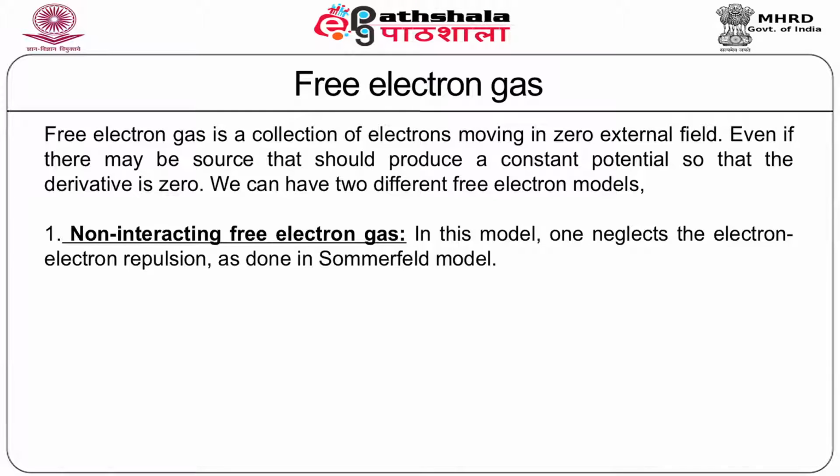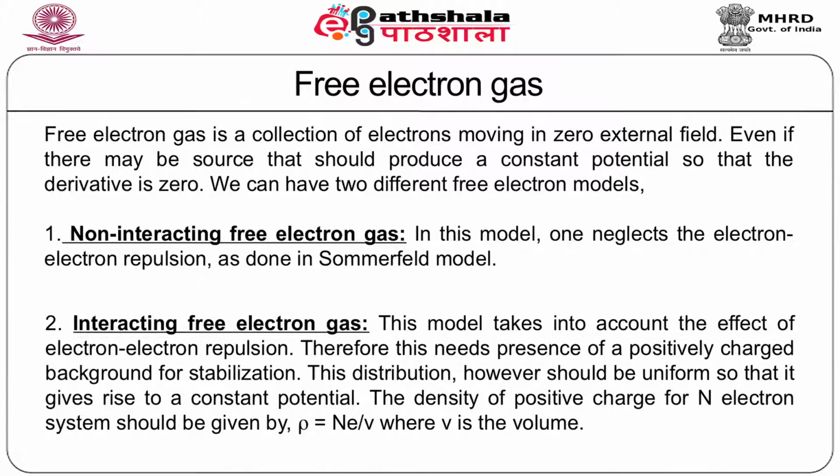In this model, one neglects the electron-electron repulsion, as is the case in the Sommerfeld model. Another is the interacting free electron gas, which is of our interest. This model takes into account the effect of electron-electron repulsion. Therefore, this needs the presence of a positively charged background for stabilization.